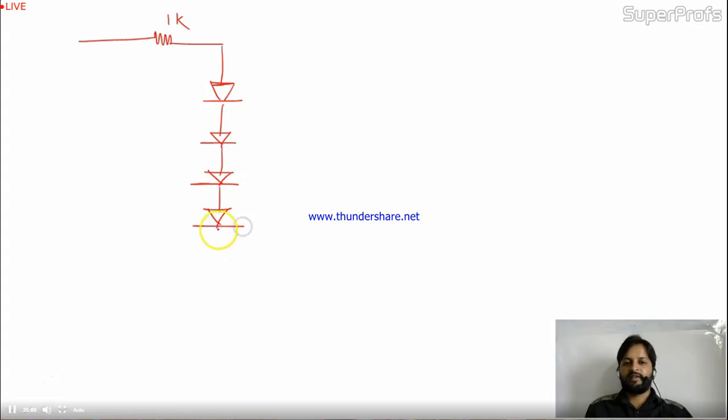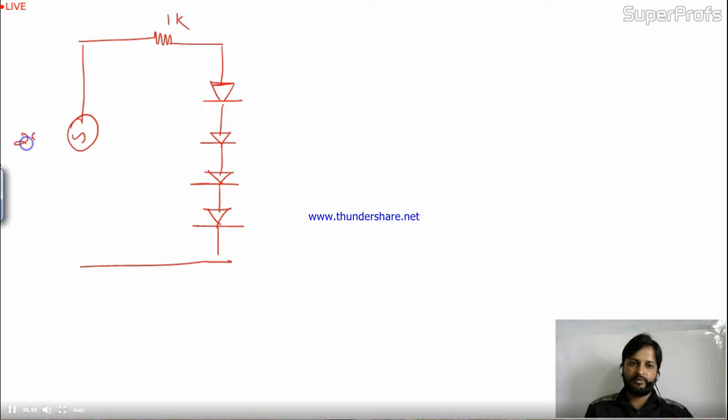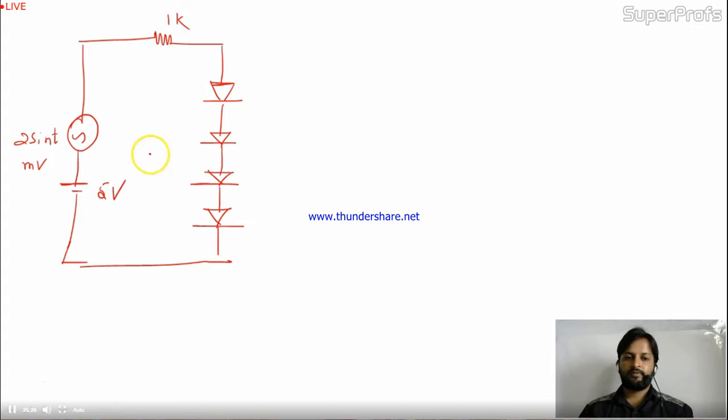I have an input of 2 sin t in millivolt in series with a DC of 5 volt. So for this circuit, the question is, find the total current into the circuit.